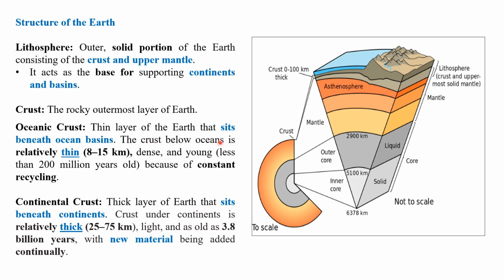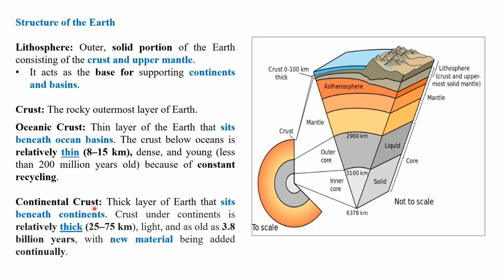The crust below the ocean is relatively thin, varying from 8 to 15 kilometers, dense and young, less than 200 million years old because of constant recycling. We can see this is the continental crust part and this is the ocean. At the bottom of the ocean, we can see the oceanic crust.